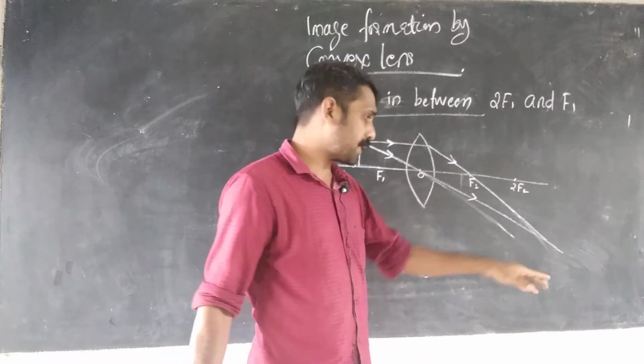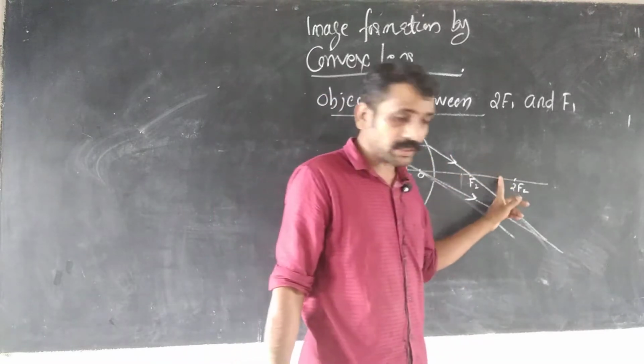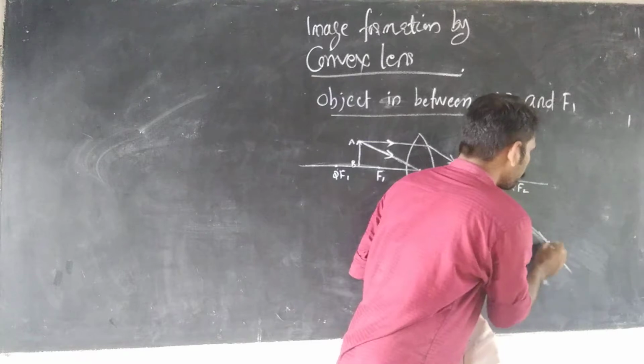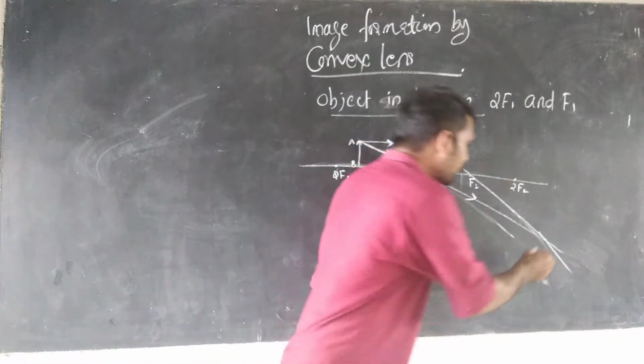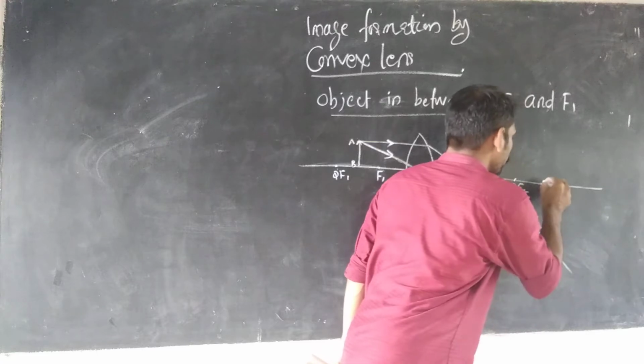So these two refracted rays will intersect at a point, and there the image will be formed.